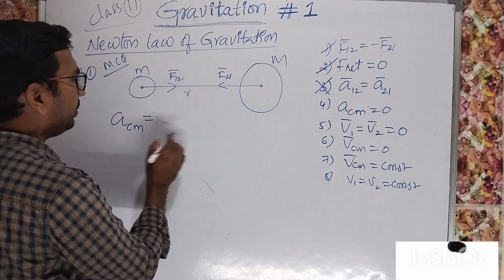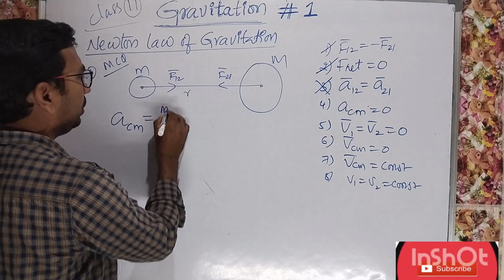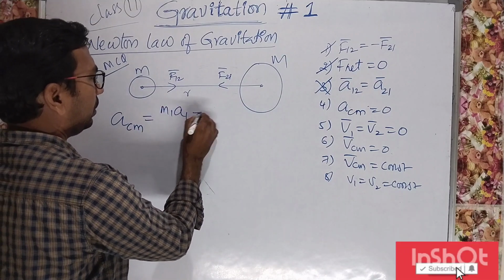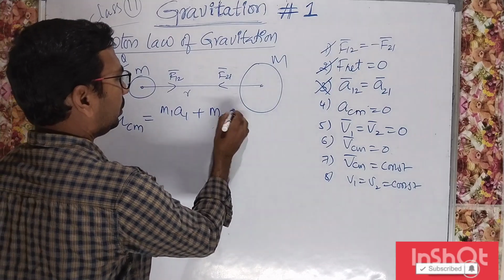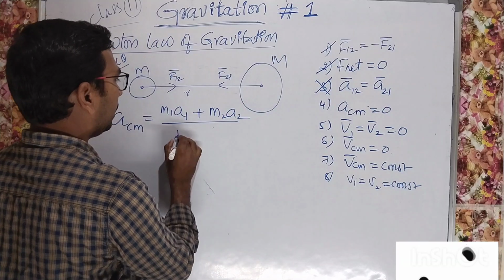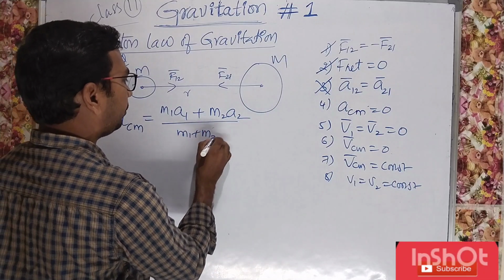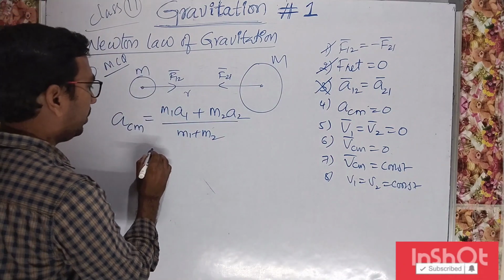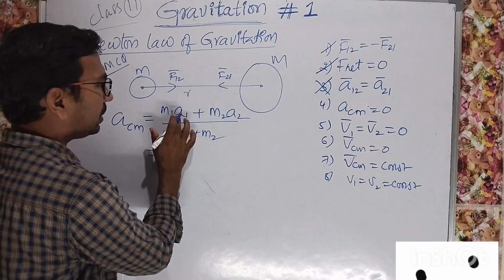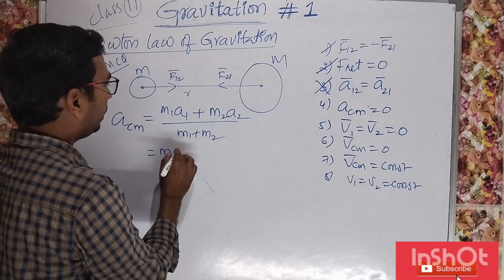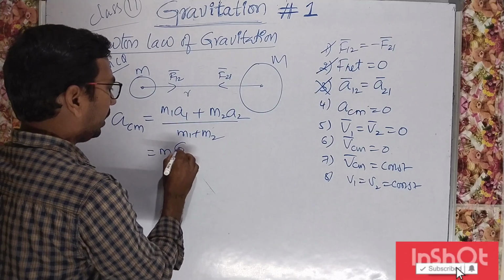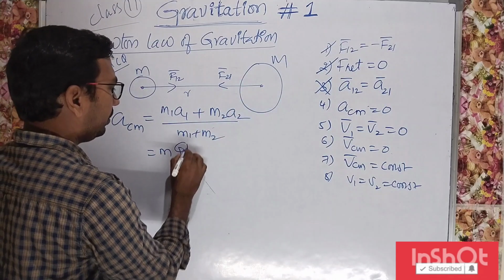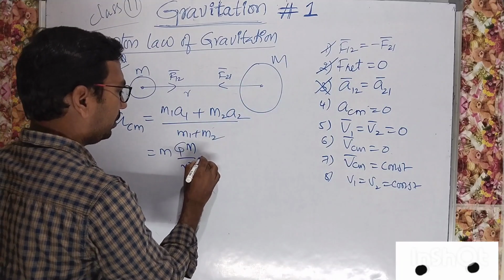We know ACM is equal to M1 A1 plus M2 A2 by M1 plus M2. Here M1 is small m, and A1 is capital G, capital M by R square.